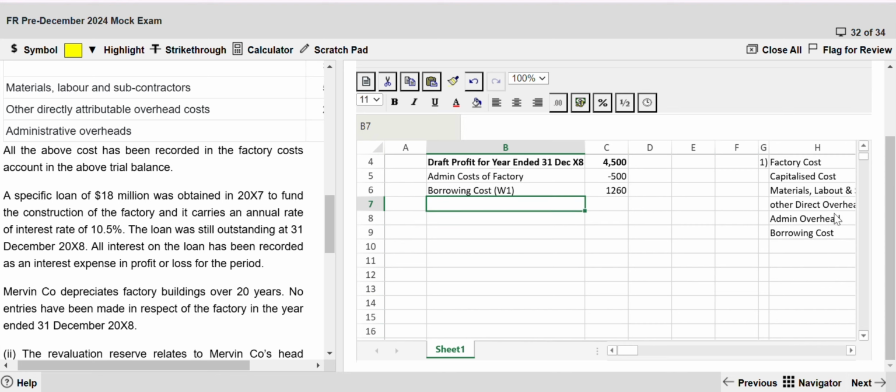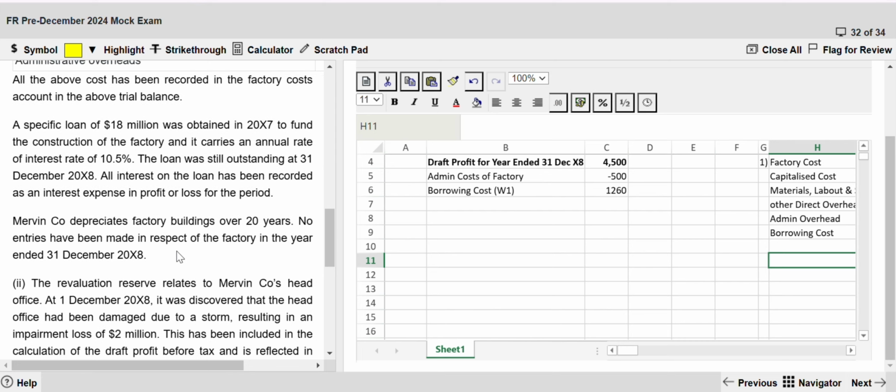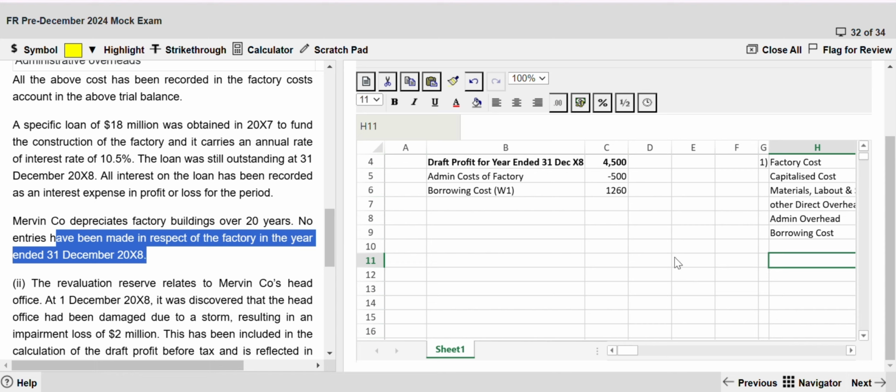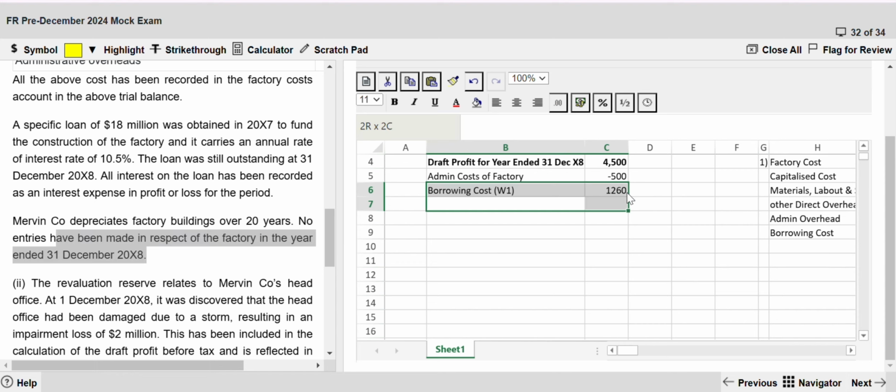Okay, then the depreciation was not calculated correctly as you said. Correctly ആയിരുന്നില്ല കാൽക്കുലേറ്റ് ചെയ്തിരുന്നത് അല്ലേ? Correct, no? And that depreciation ഇതുവരെ ചാർജ് ചെയ്തിട്ടില്ല. They haven't charged the depreciation, right? Mervyn depreciates the building over 20 years. No entries have been made in respect of depreciation. So which means നമുക്കിത് കറക്റ്റ് ചെയ്യേണ്ട, ഡിപ്രീസിയേഷൻ എത്രയാണോ ഫാക്ടറിയുടെ അത് കൊടുത്താൽ മതി.